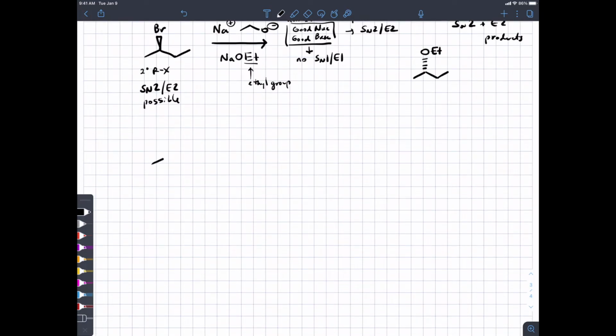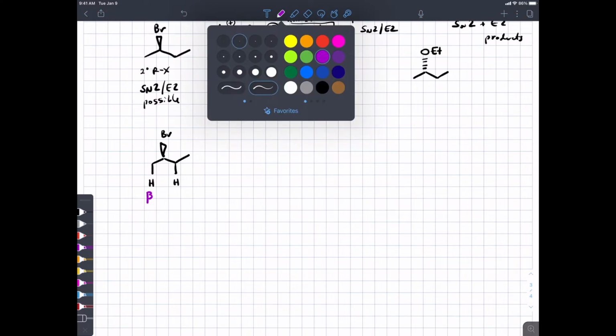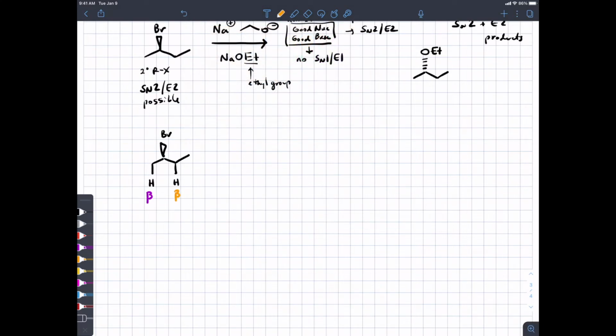And then to determine the E2 products, we need to first identify all the different beta protons. Here's one in purple. Here's one in orange. If I remove the purple beta proton, kick electrons down and the leaving group leaves, that will give me the purple elimination product, which is here.